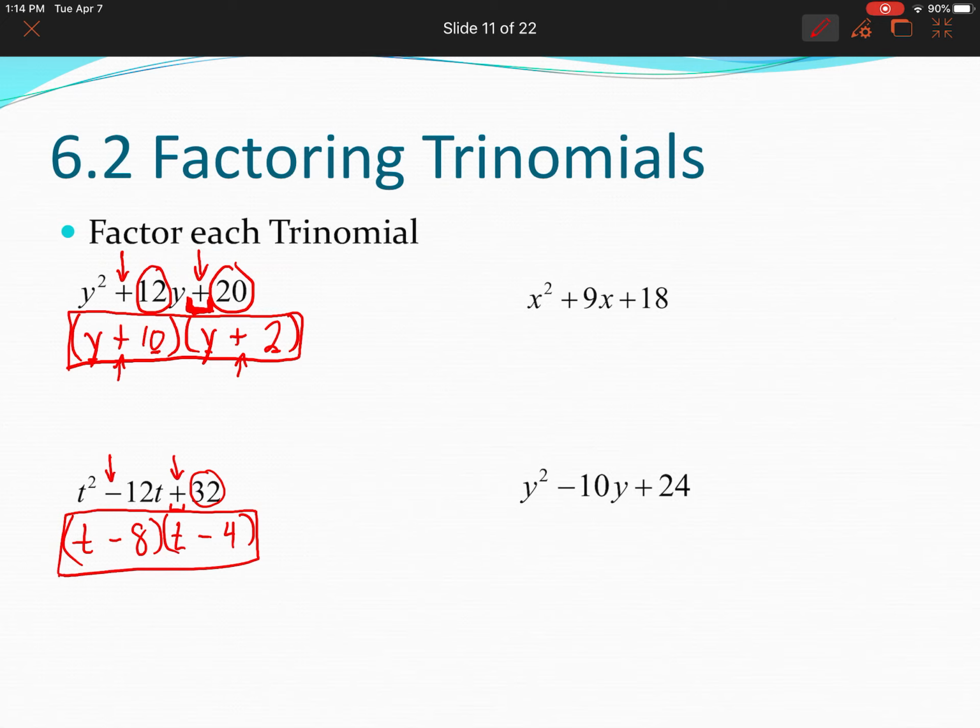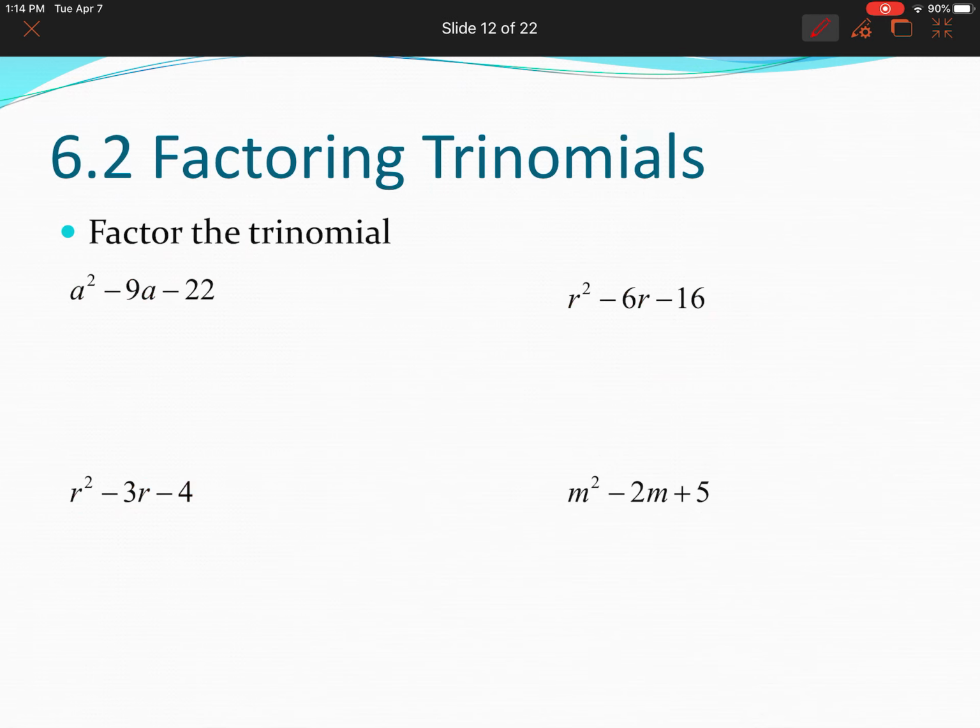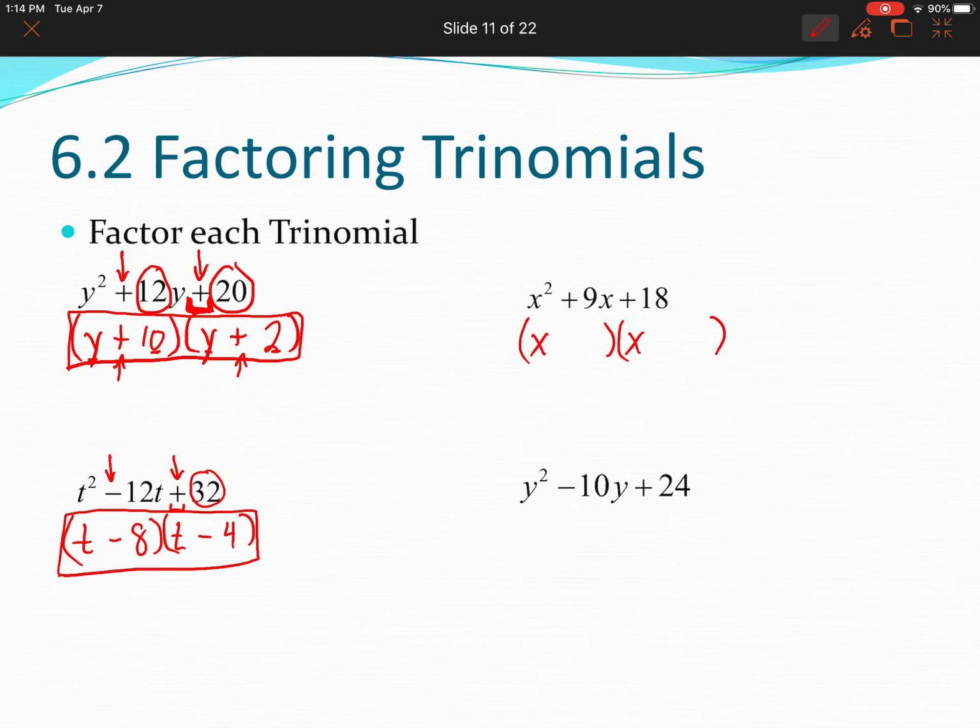Again, hopefully not a whole lot to that. So try the next one. Again, there's not a greatest common factor. If there were, then obviously we would try to take that out. In this case, there's not. And so we're going to have our 2 parentheses with x being our first term. This time we're looking for 2 numbers that multiply to give 18, that add to give 9.